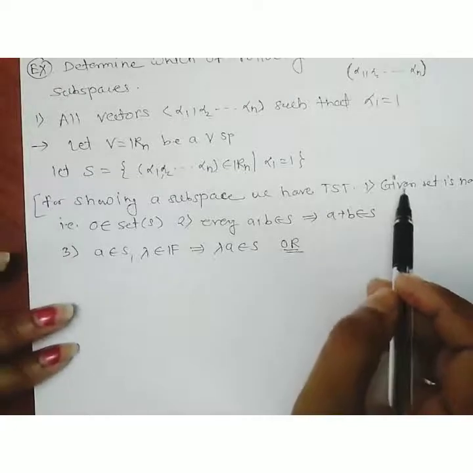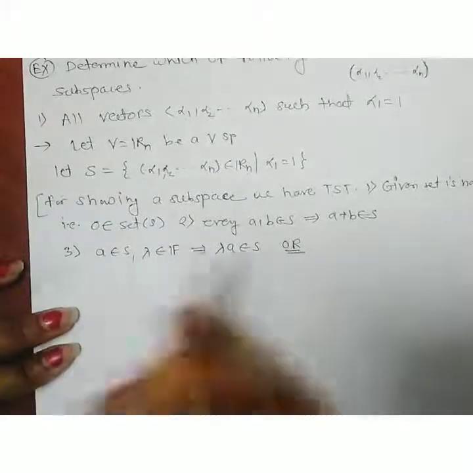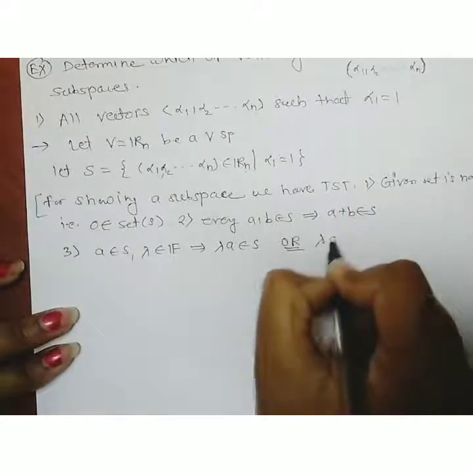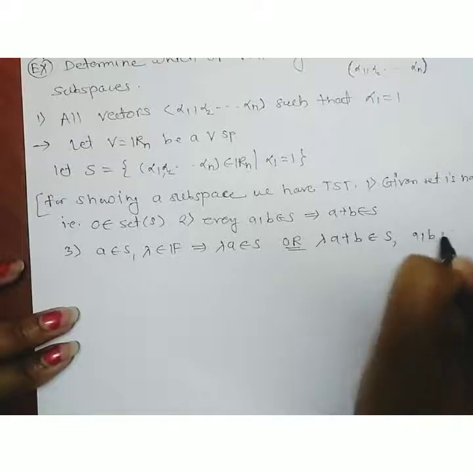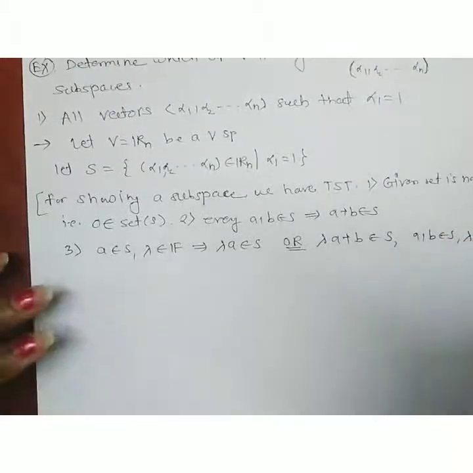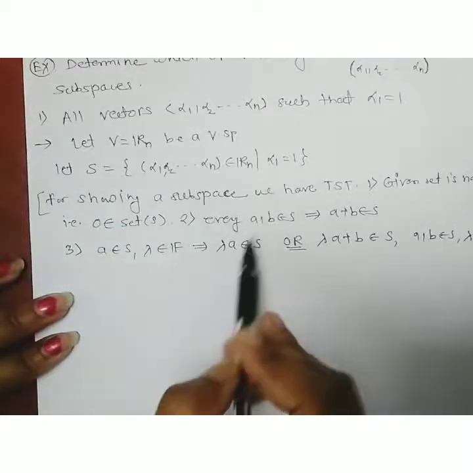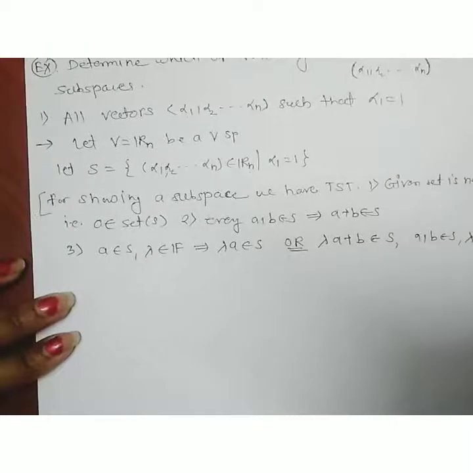After showing the first condition, we have to show either these two conditions, or the single condition that lambda A plus B belongs to the set for A, B belonging to the set and lambda belonging to the field F. These two conditions and this one condition are equivalent. Either we show that the two conditions hold, or that this one condition holds.